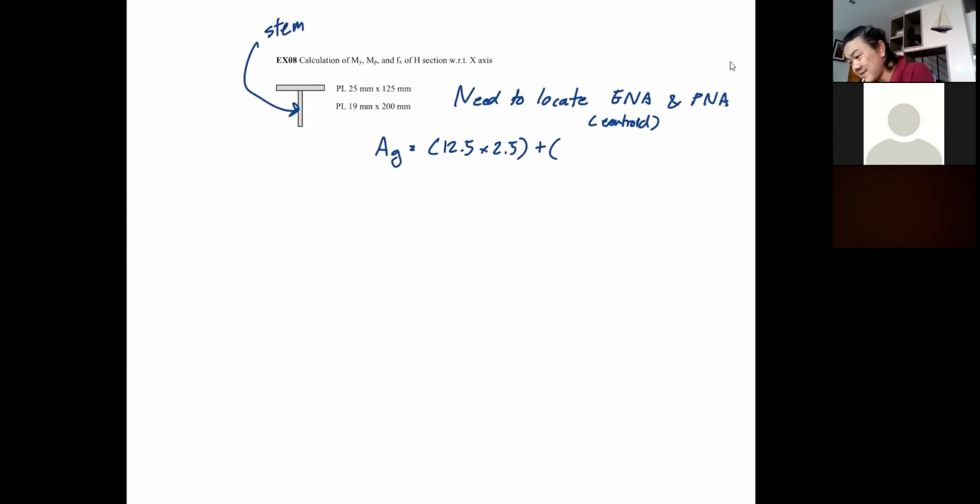So here is 20 multiplied by 1.9. Oh, keep in mind another thing. I haven't told you this, but this is a good time to tell you.